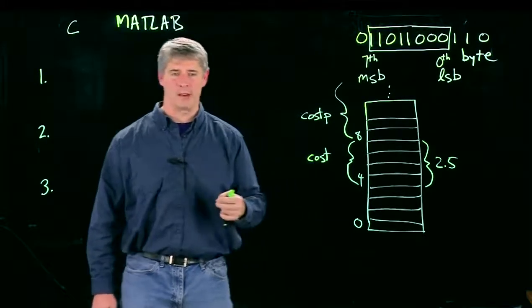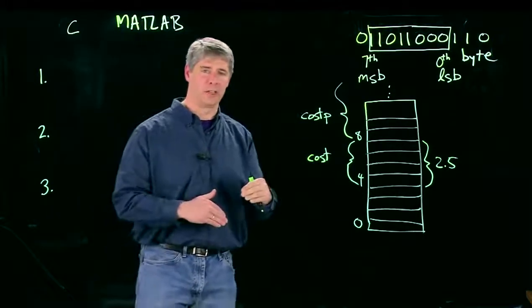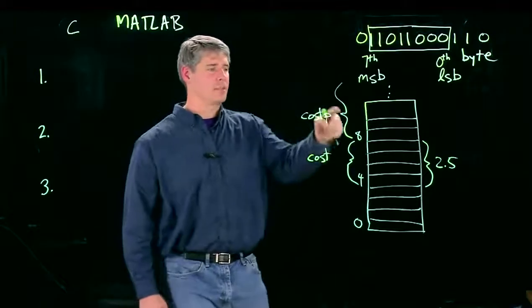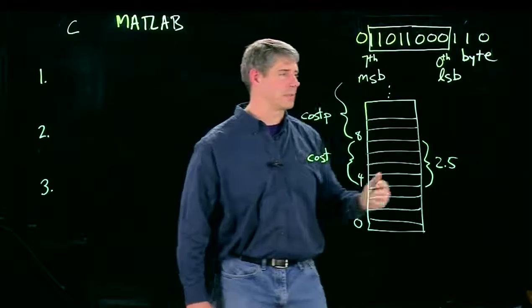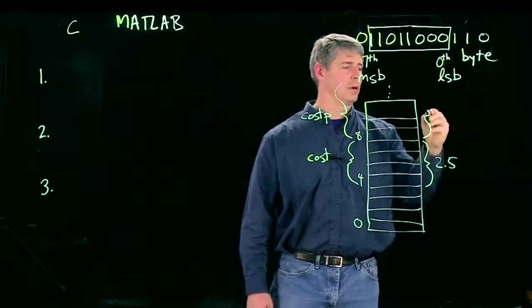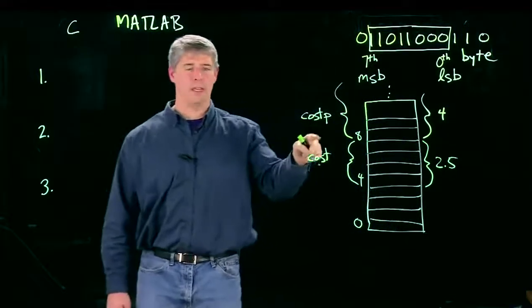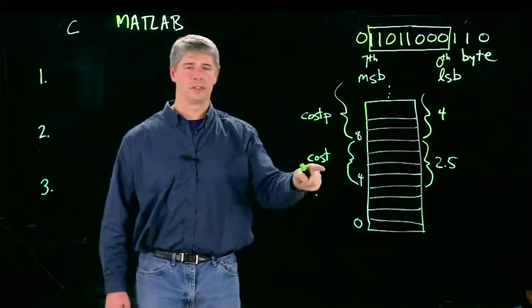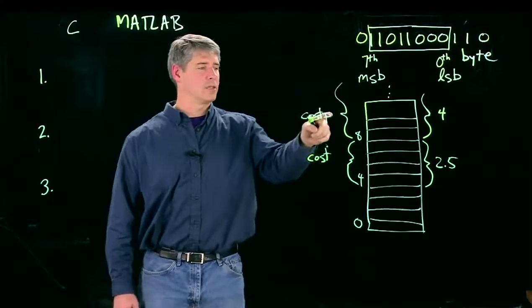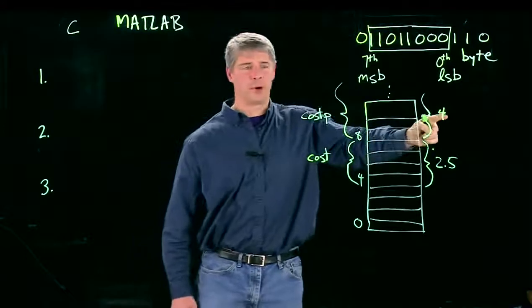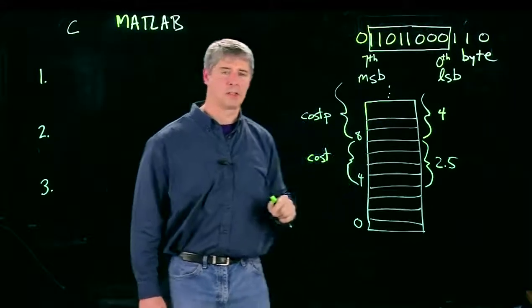But when you're talking about the address of a variable, you're always talking about the lowest address. So cost p, if it's going to hold the address of cost, it's going to be equal to 4. And the reason I call it cost p is it's actually a pointer to cost. So the value stored here, the 4, points to the address of cost.